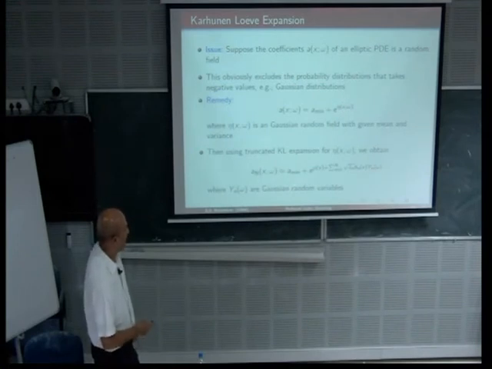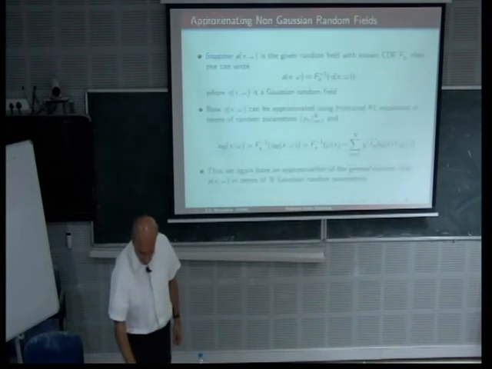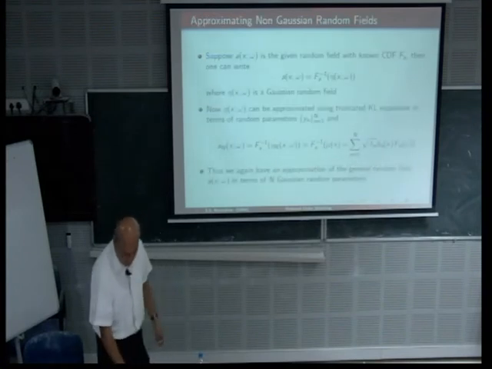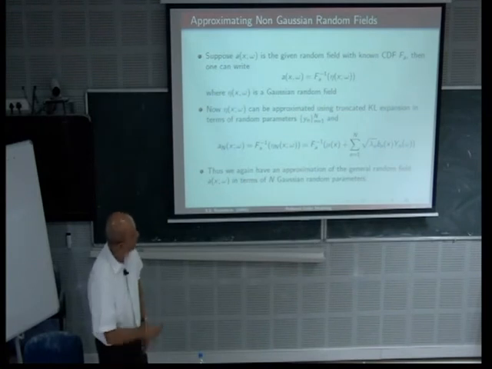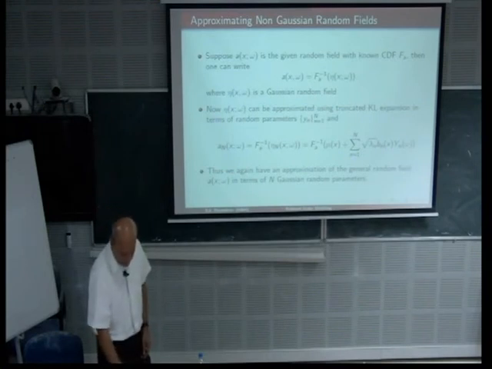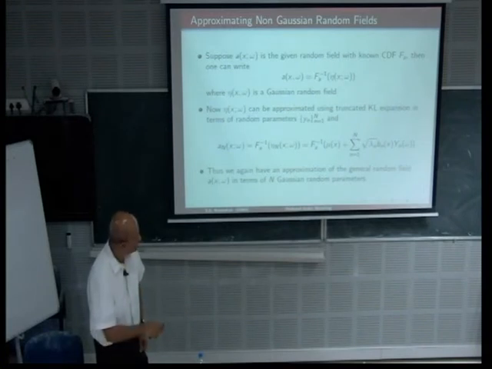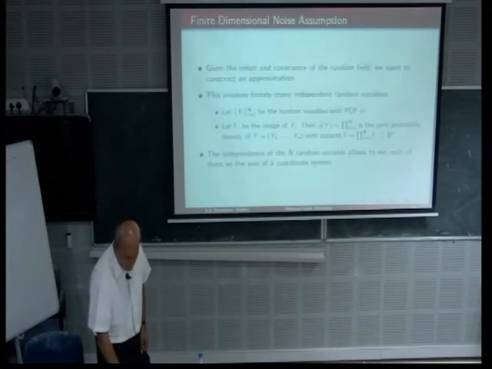Again, you get finite dimensional parameters for the random field. Similar ideas can be used for non-Gaussian fields, but it is a little more complicated. There are approaches available to deal with non-Gaussian random fields, and if you want to use the Karhunen-Loève expansion, you could, but you have to do some kind of mapping.